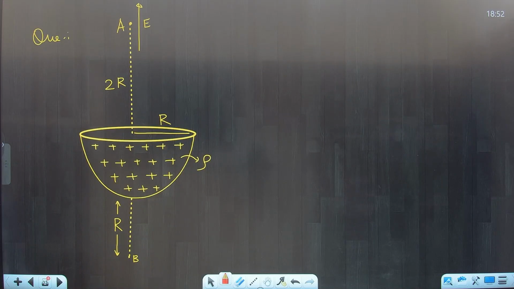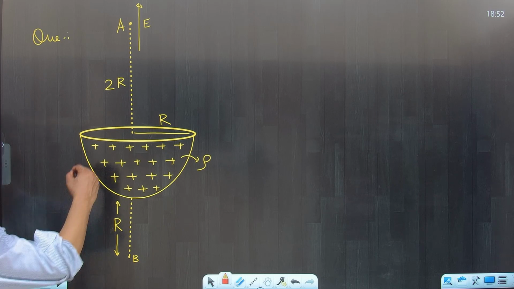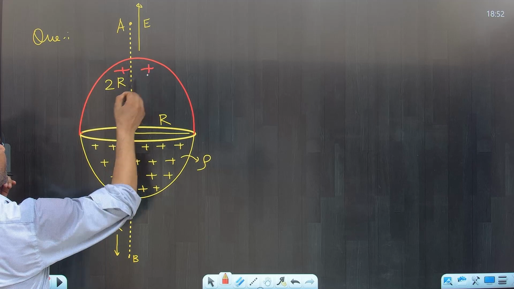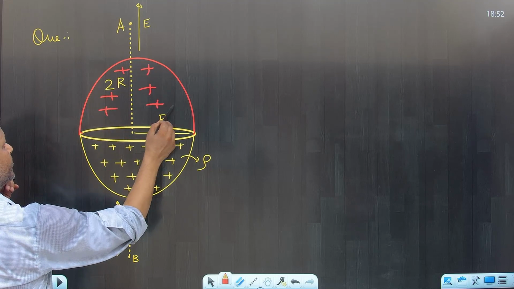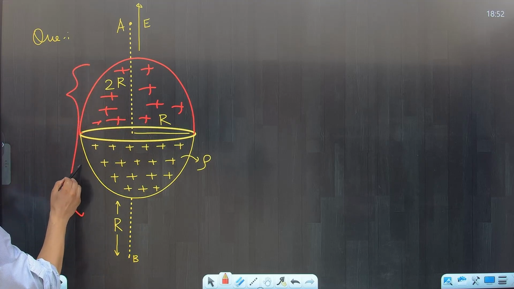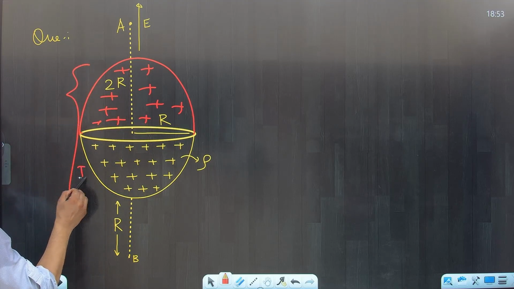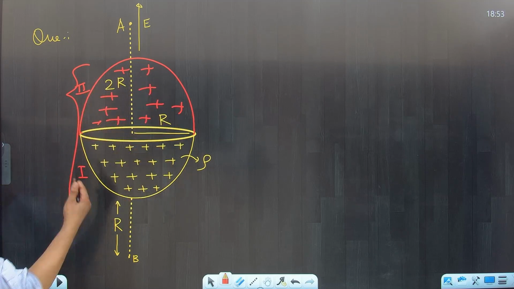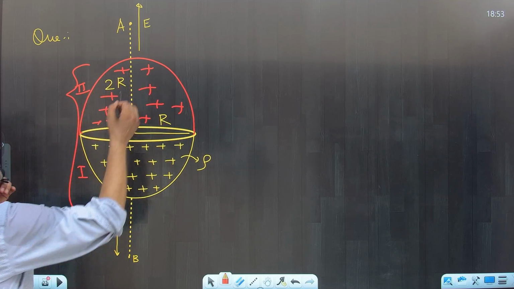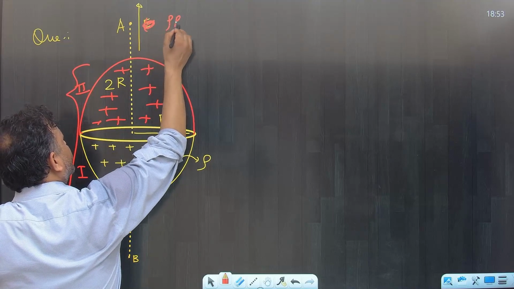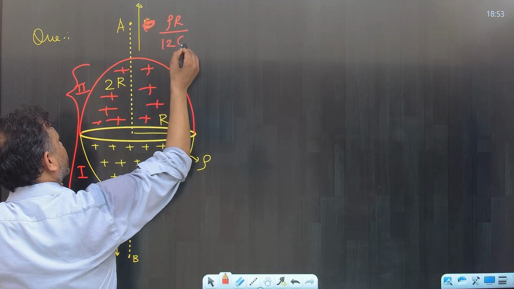So see, I will complete this sphere first and just put charges inside this. So you have just calculated that due to both systems, system 1 and system 2, it is a complete sphere, and you found the electric field at point A was rho r by 12 epsilon, right?